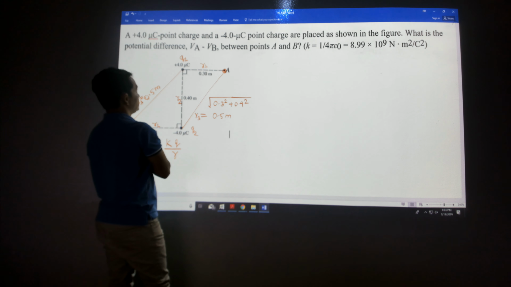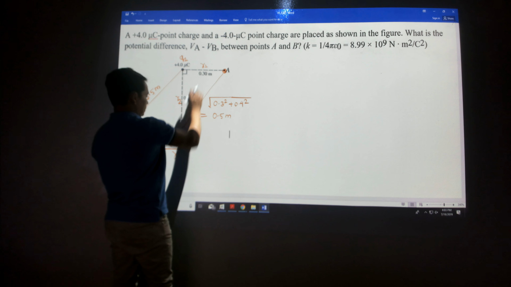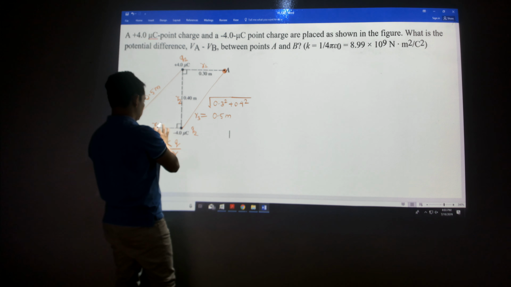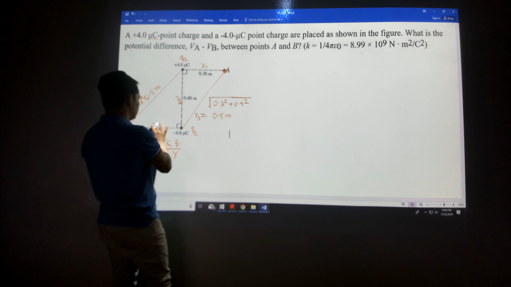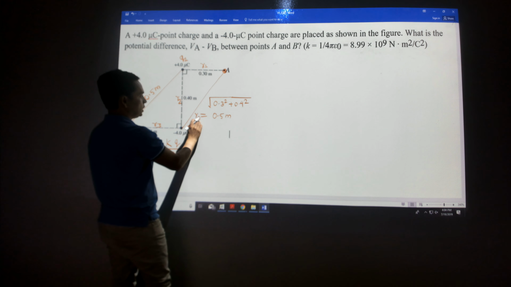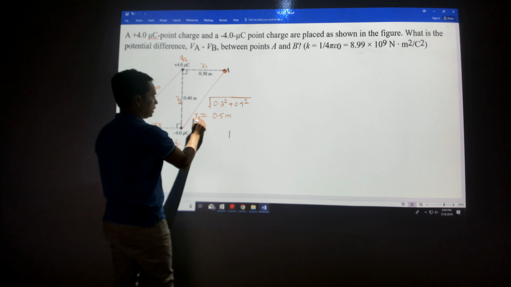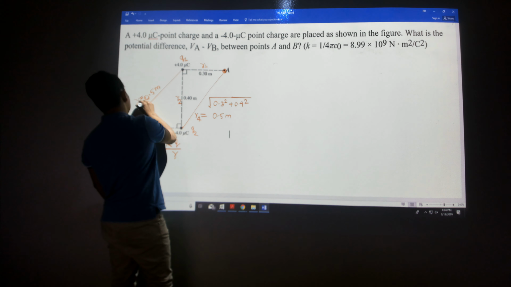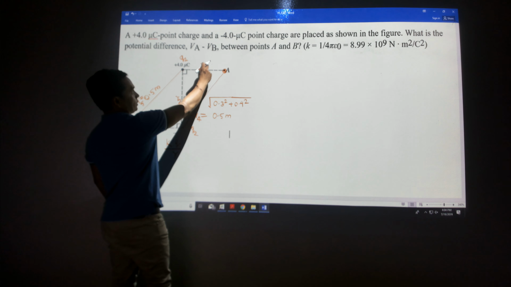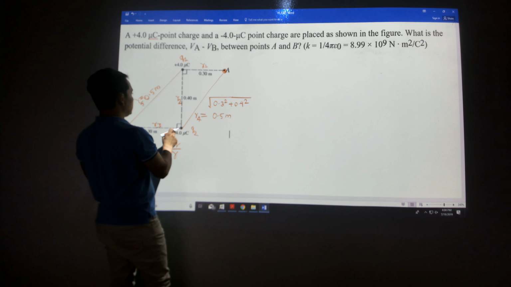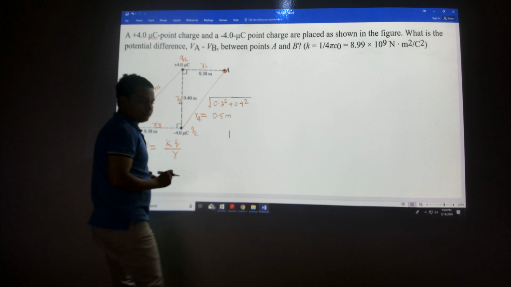Let me write down the different notation: R1, R2, R3, R4, and this is R5.